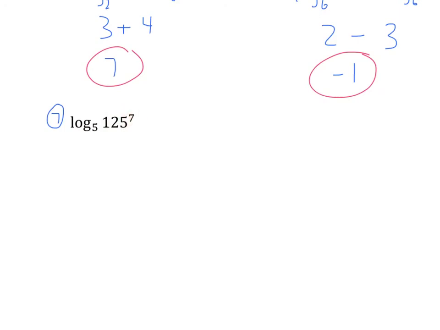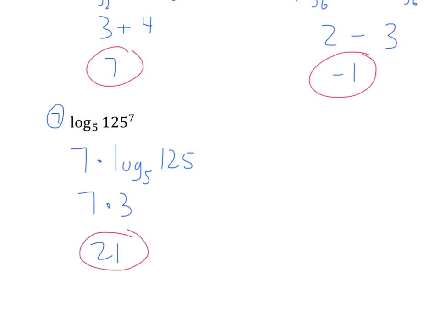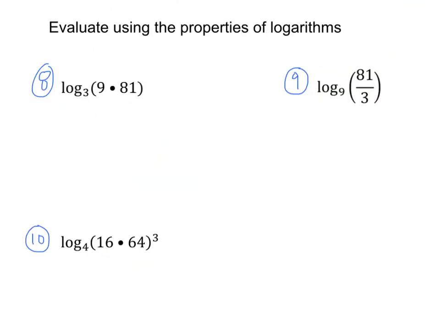So this is equal to the same thing as 7 times log base 5 of 125. I know what this is. This logarithm is equal to 3. So this is equal to 7 times 3, which is 21. And so hopefully I showed you there that you can use these properties to make complicated looking things a lot easier.